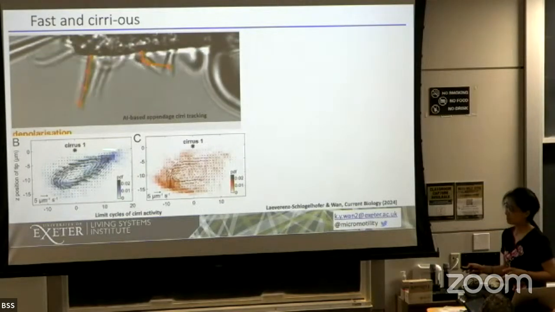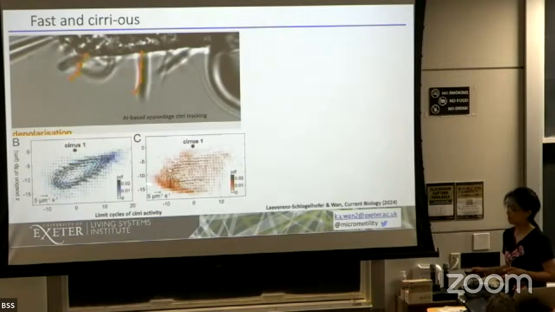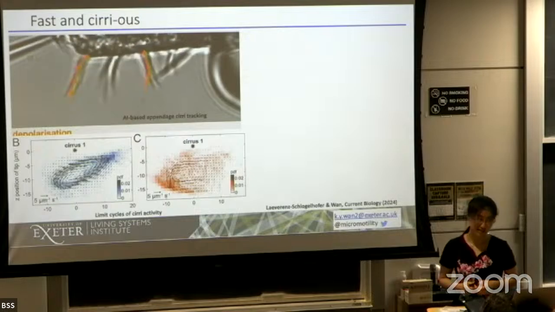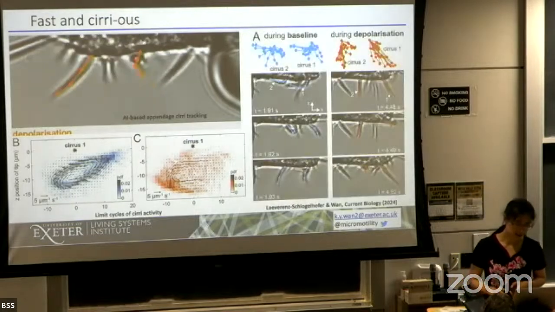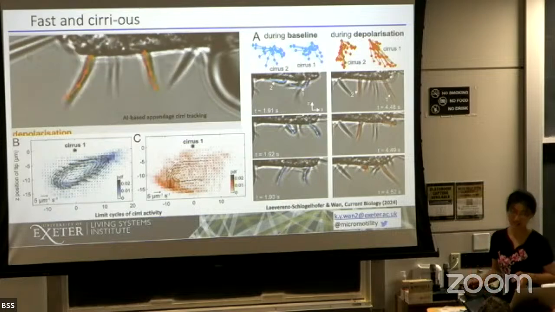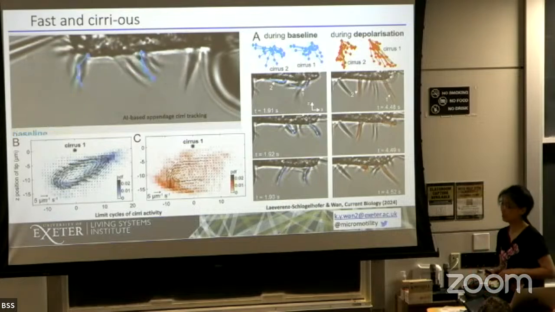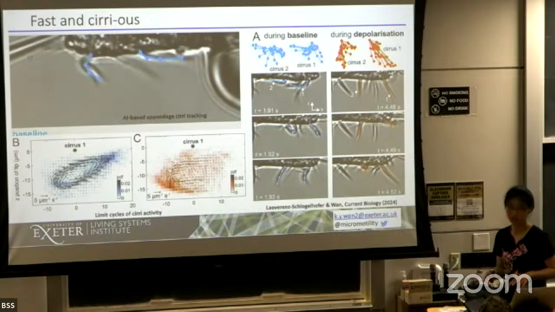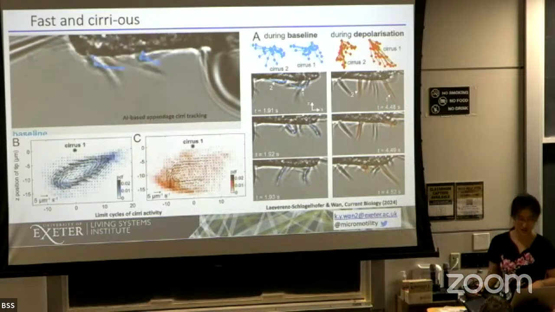But the point is, this picture becomes very different from what happens when you have a depolarization event. And so the point is that the cell has these two states regulated by membrane potential that correspond to two different waveform signatures.